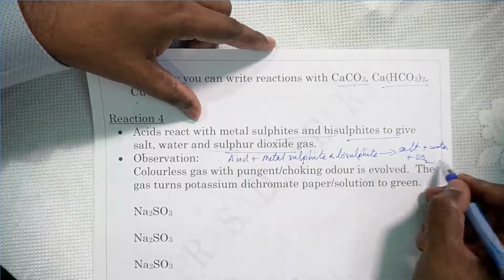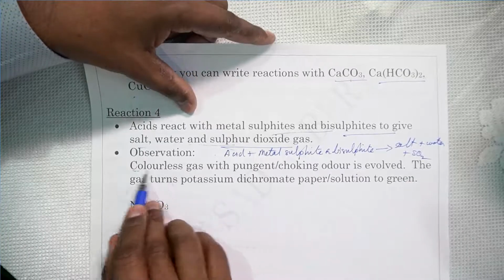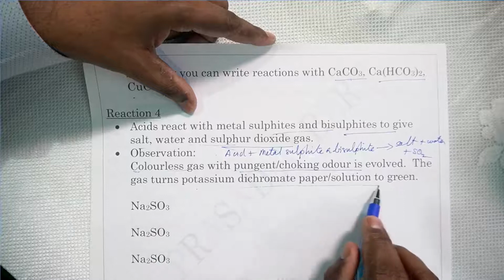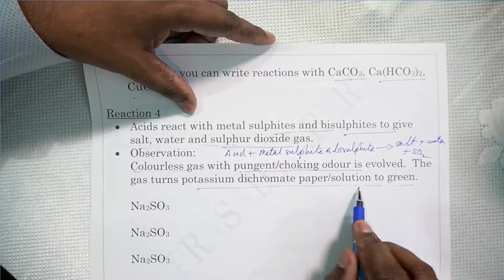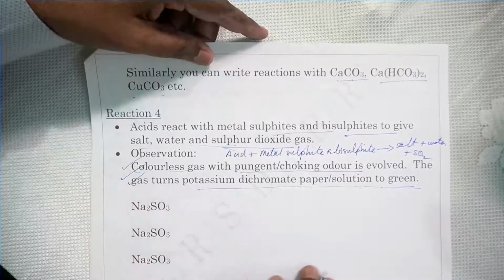So learn this statement and then you can write. Now the observation for sulfur dioxide: colorless gas, it has a pungent choking odor and it turns potassium dichromate paper or solution to green. So this is its observation. Remember the observation, it is important, questions are asked on this.